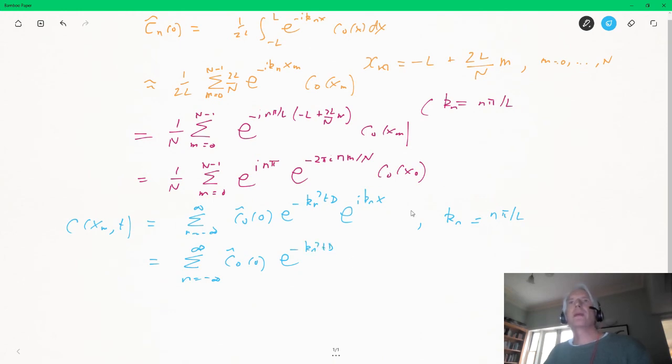When we substitute that in here, times xm, we're going to get exactly this 2 pi i n m over n, positive, and we're going to get it multiplied by e to the power of minus i n pi from this minus L, which cancels out the one we had here. C naught times e to the minus i n pi will exactly equal that.